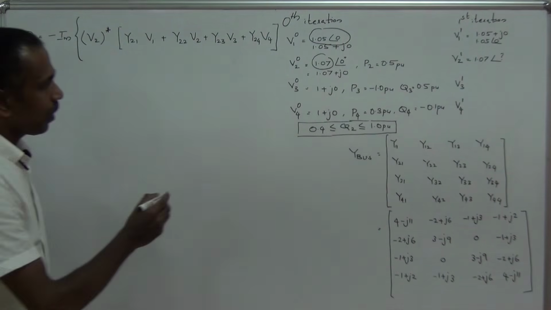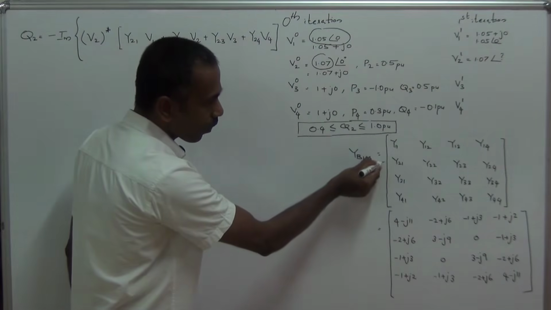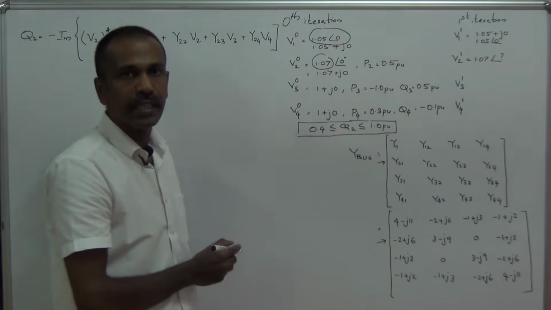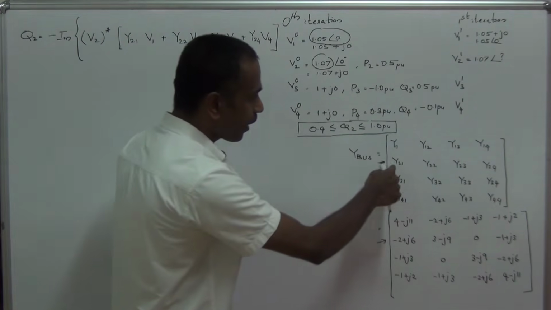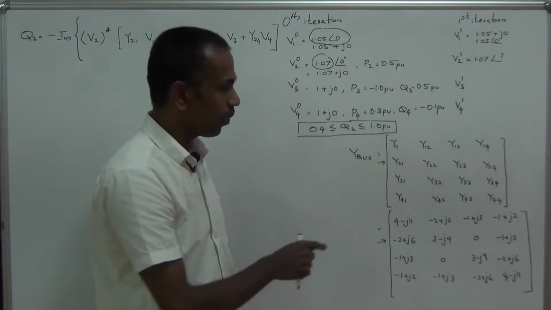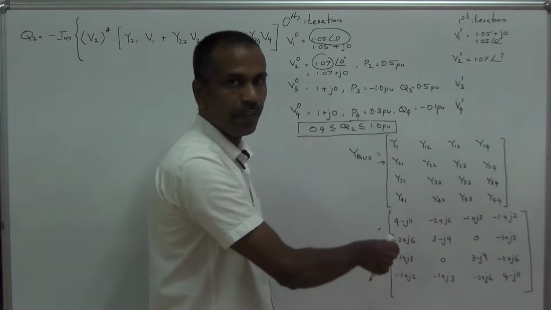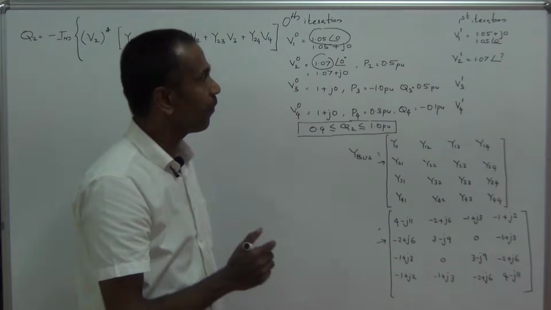Here we consider all the elements in this second row. When you find out the reactive power at the second bus, we consider all the elements in this second row. Y21 V1 plus Y22 V2 plus Y23 V3 plus Y24 V4.